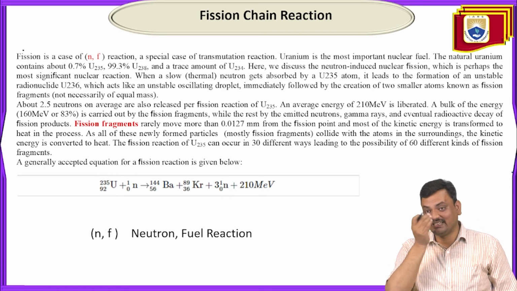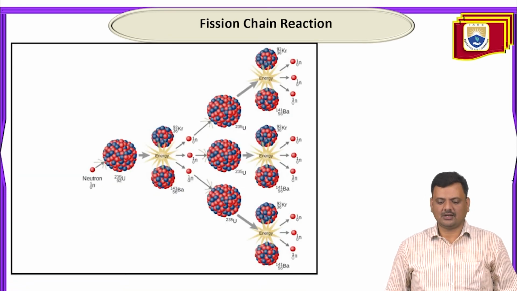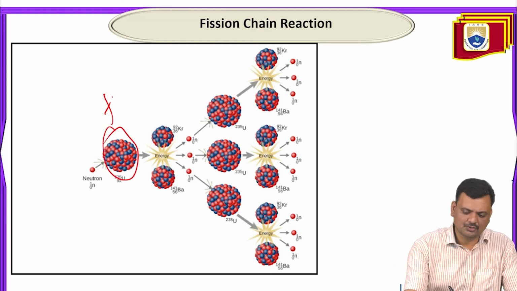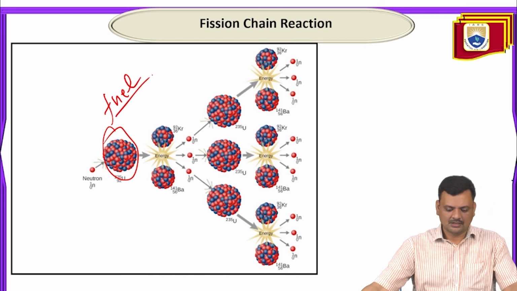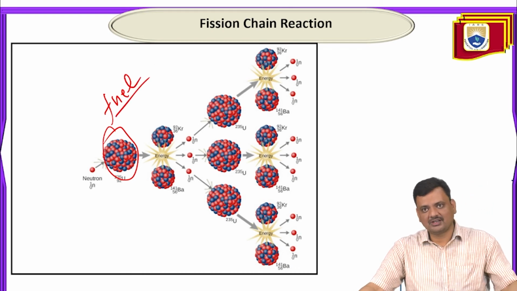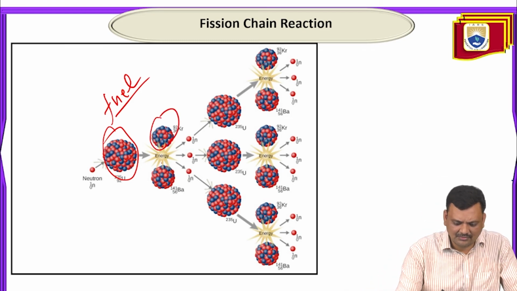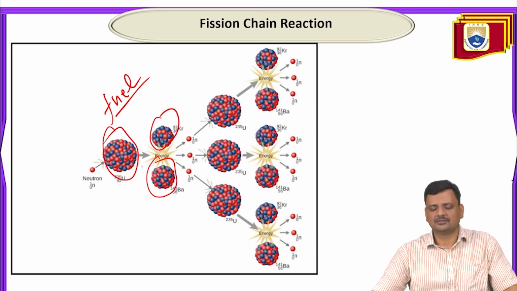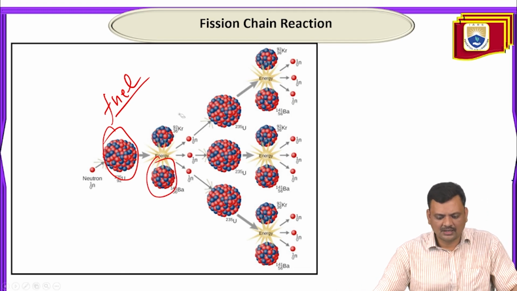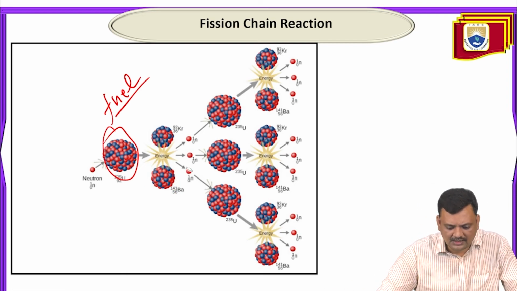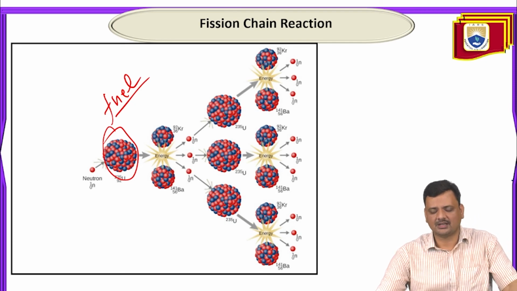Whatever is written here, I am going to elaborate on all these things. Here, uranium-235 is the fuel or nuclear material. Now one fast-moving neutron strikes it, and it is split into 92 krypton and 141 barium, or 56 barium, 36 krypton.